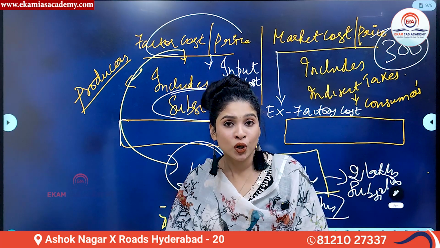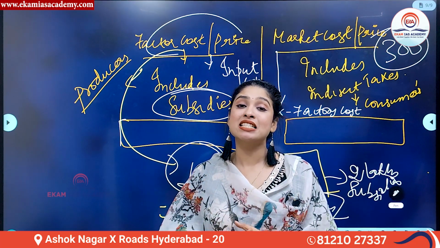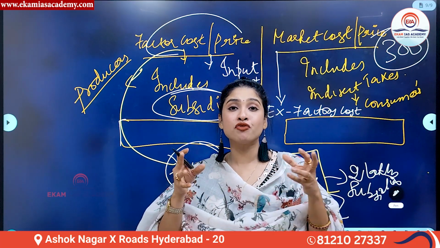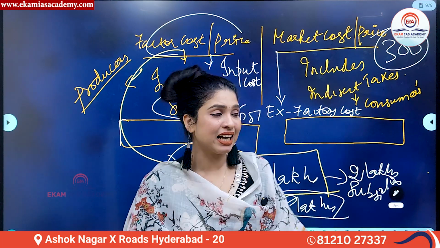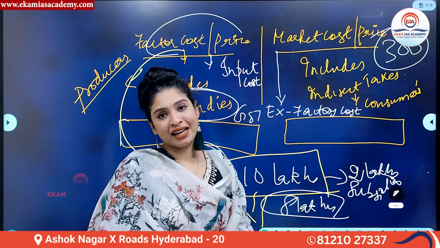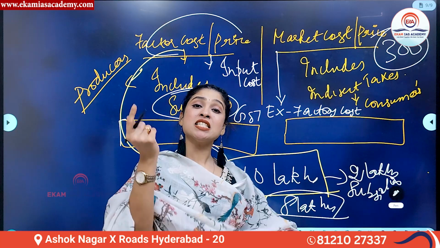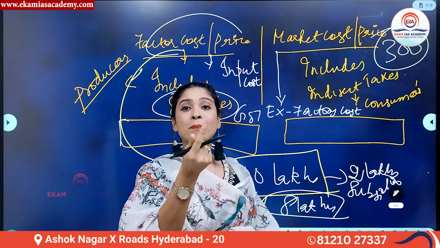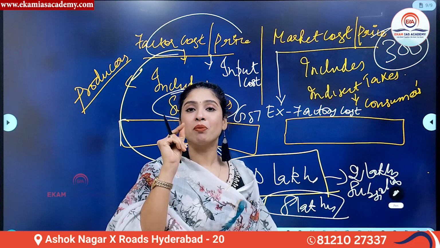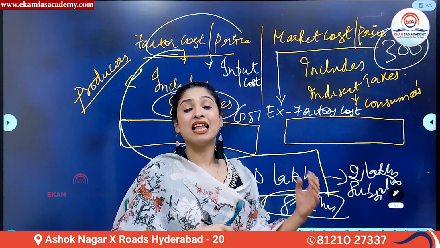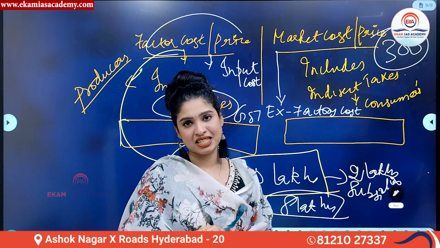That is why I told you that factor price is the price from the point of view of the producers or the suppliers. Now, having said that, back to market cost. So now the price paid by the consumers while purchasing the commodity is called market cost or market price in simple terms. And this consists of indirect taxes.